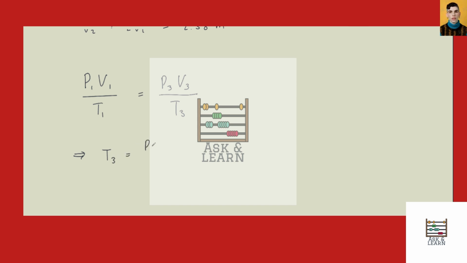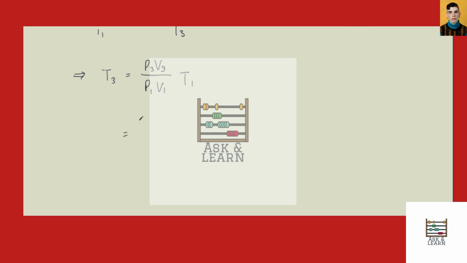T3 is equal to P3 V3 over P1 V1 times the initial temperature T1. So that's 400 kilopascals P3 over 200 kilopascals, a double in the pressure, times V3 over V1, which is 2, corresponding to a double in the volume, times the initial temperature of 300 Kelvin. And so we get the final temperature of the air to be 1200 Kelvin.